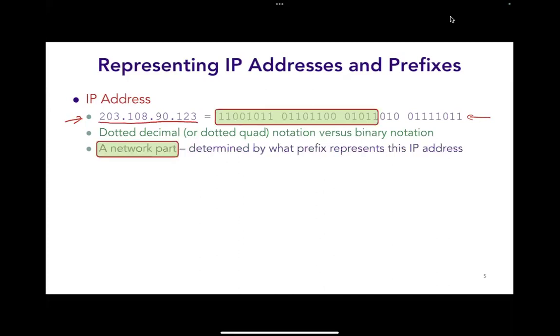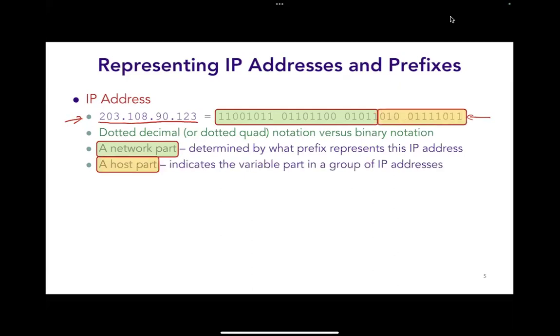Okay? If you look at this IP address in the binary format, it would have a network part which is determined by what prefix covers or represents this particular IP address. Okay, and it will also have a host part which will indicate the variable part in this group of IP addresses, which are all covered by this one single network part, which is the prefix.